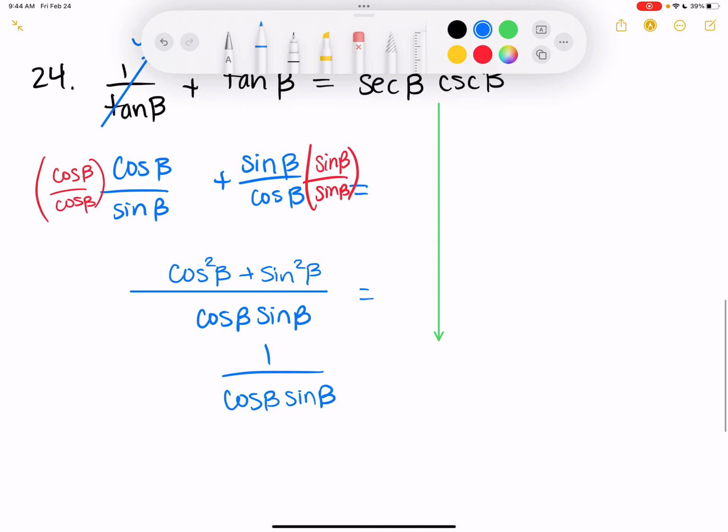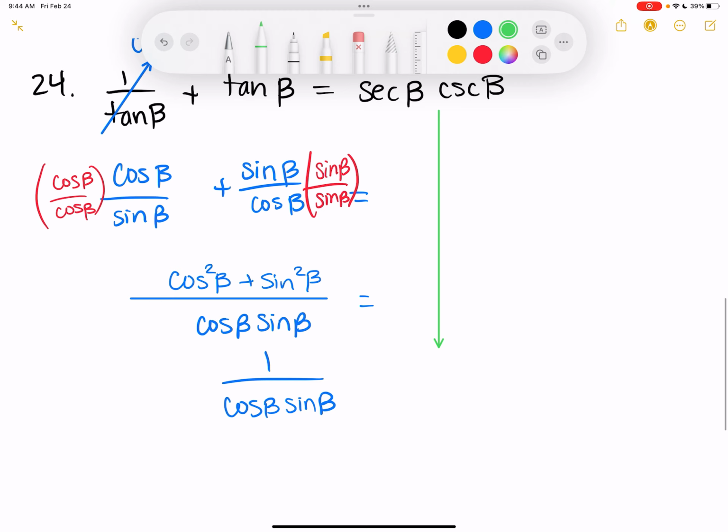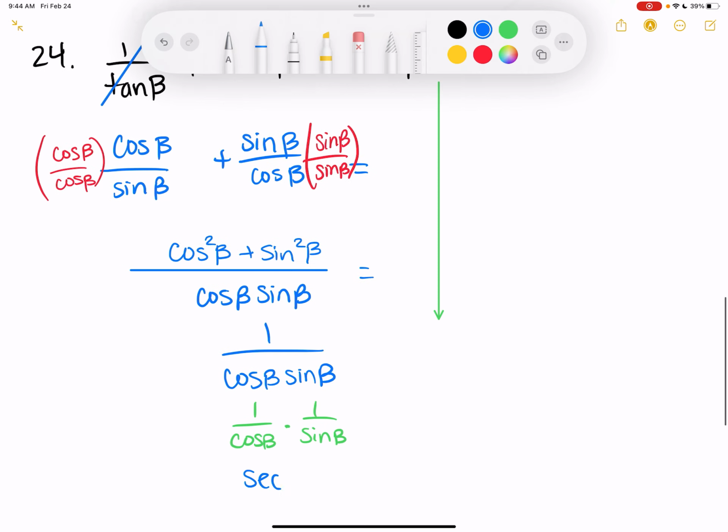Yeah, because it just equals 1 over. You don't need to write this step, but I'm going to show you. This is literally 1 over the cosine of beta times 1 over the sine of beta. So you can split it up to see, if you need to visually see it, but you don't have to. So then, yes, that is secant of beta, cosecant of beta.